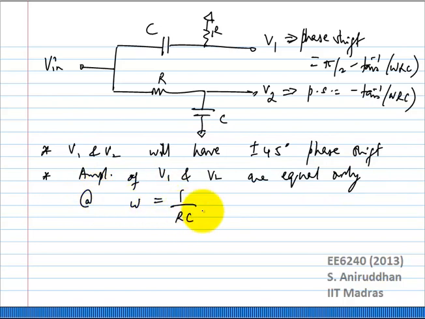So the amplitudes will be equal only at omega equals 1 by RC. If there is any deviation in this, the amplitudes will not be equal.